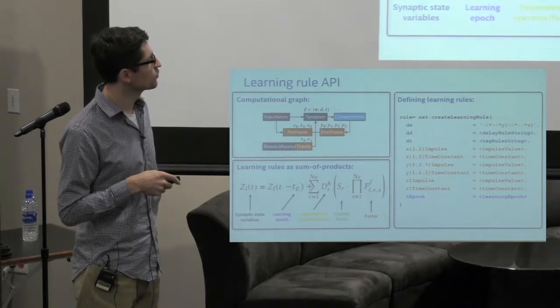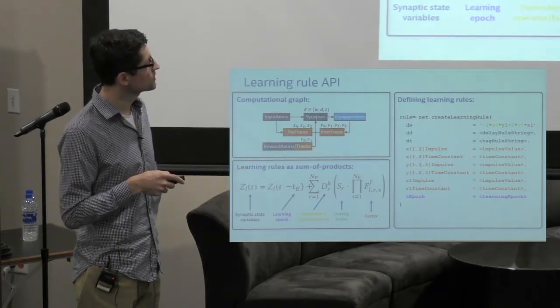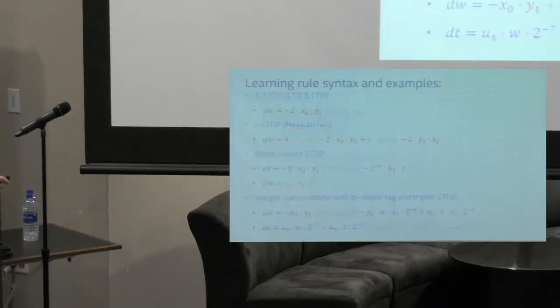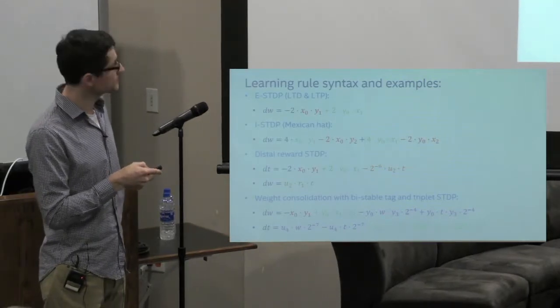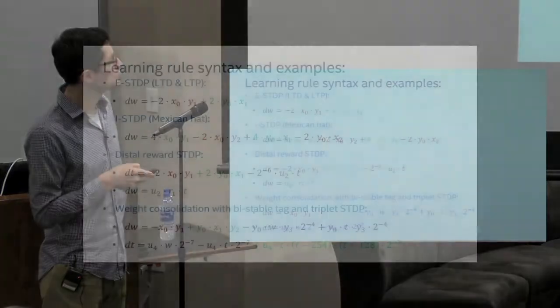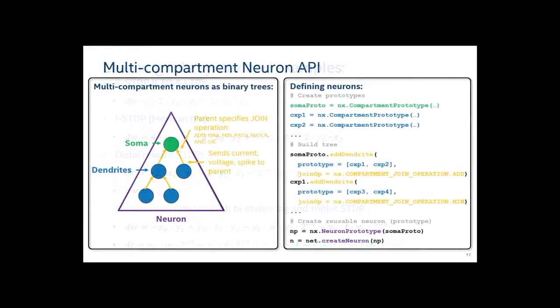And analogously for these more global reward axons that can be used. And finally, the epoch. And then this is just showing basically the same examples in this syntax here. These are basically the same examples that Mike showed earlier of the different types of learning rules that you could use.